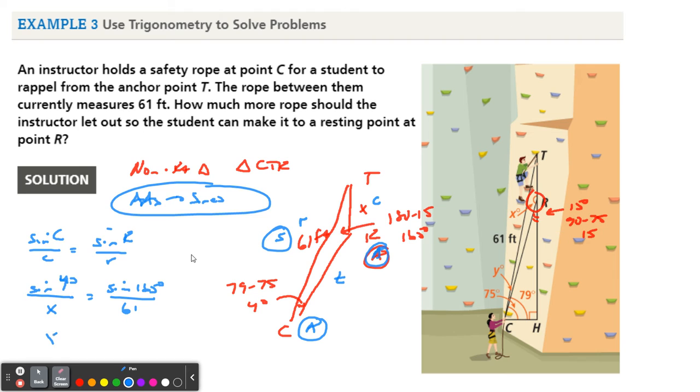Cross multiply: X sine of 165 degrees equals 61 sine of 4 degrees. Divide both sides by the sine of 165, and we're going to type that into Desmos to get our value of X, the extra rope needed for me to get down to that point R. So 61 sine of 4 over sine of 165. Here it comes.